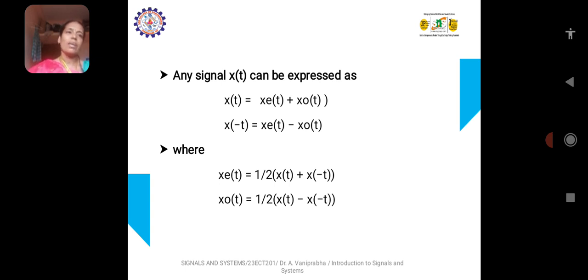Whereas x e of t can be written as x of t plus x of minus t divided by 2, and x o of t can be written as x of t minus x of minus t divided by 2. As we factorize or simplify in regular numerical analysis, here also any signal can be decomposed into both even component and odd component.